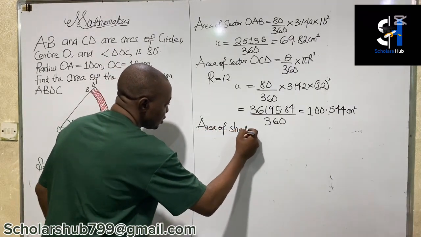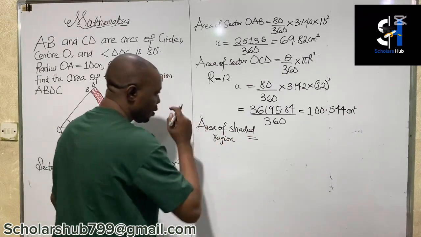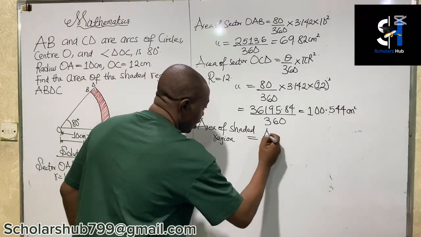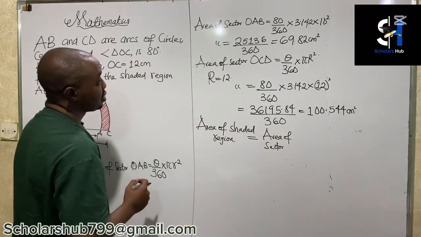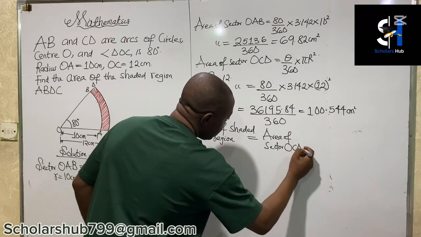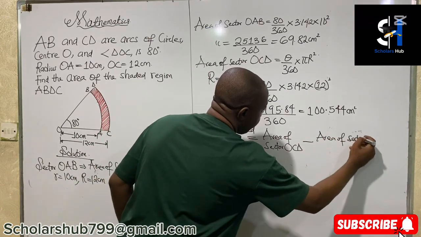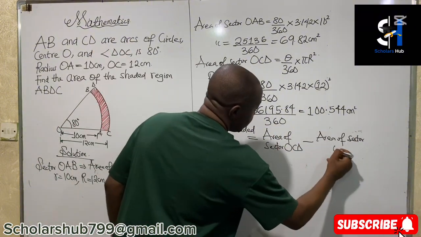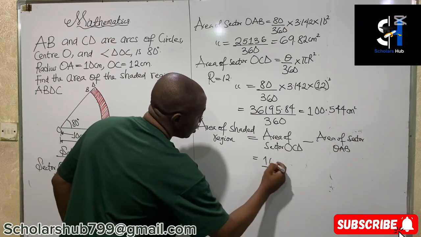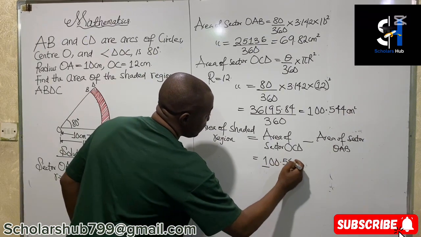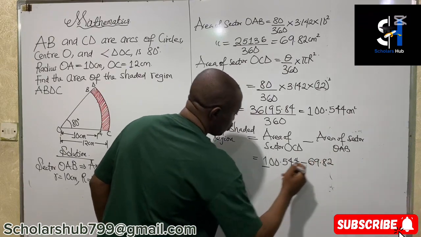To calculate the area of the shaded region, it will be the area of sector OCD minus the area of sector OAB. So we have 100.544 minus 69.82.